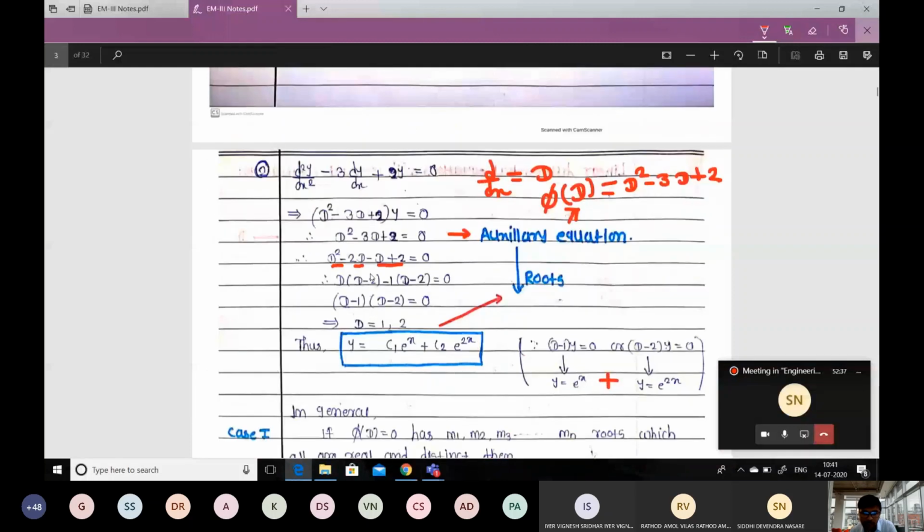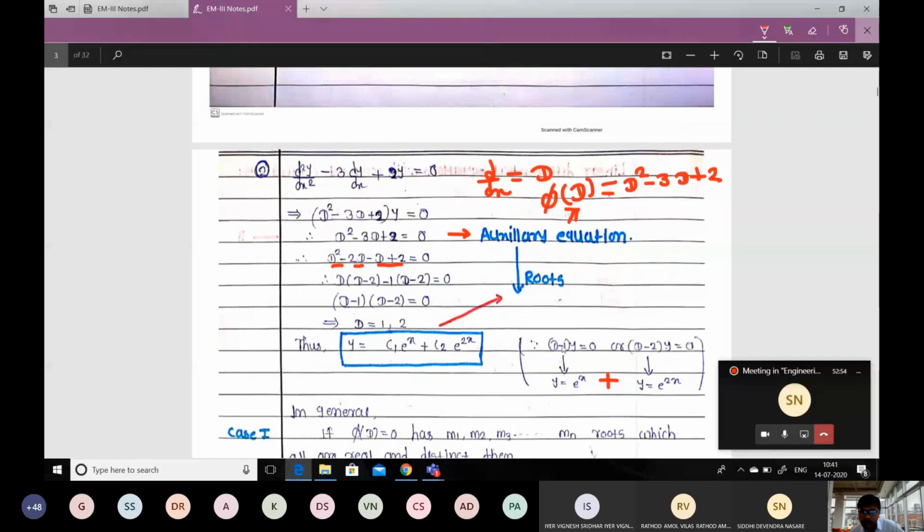Now let us observe this factor here. If we factorize the auxiliary equation, this is one factor D minus 1 and this is another factor D minus 2. So we have two possibilities: D minus 1 times y equal to 0, or D minus 2 times y equal to 0.